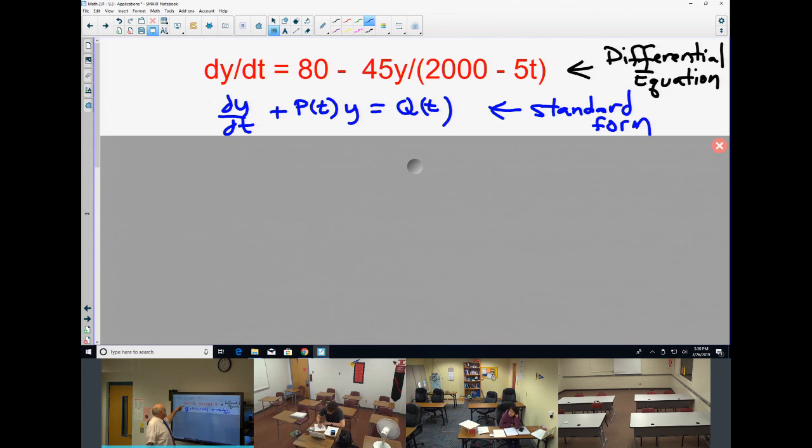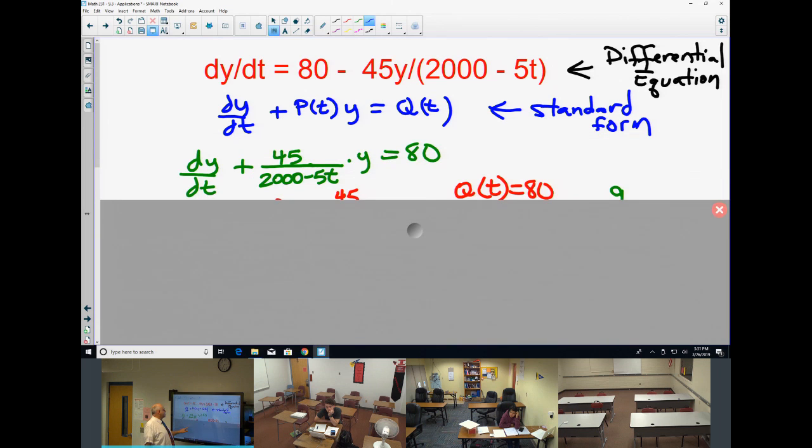We have the derivative plus a function of t times y is equal to a function of t. In other words, the term with the y in it we need to move to the other side.